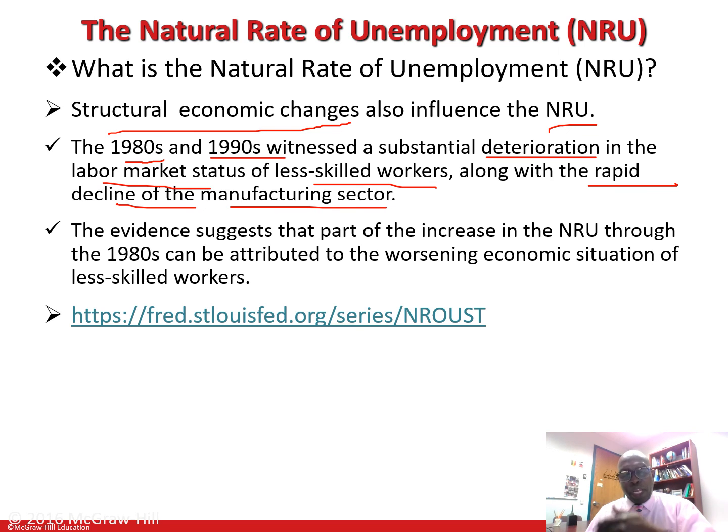So that explains the increase in the natural rate of unemployment from the 80s to the 90s. The evidence also suggests that the increase in the NRU throughout the 1980s can also be attributed to the worsening economic situation of less skilled workers.